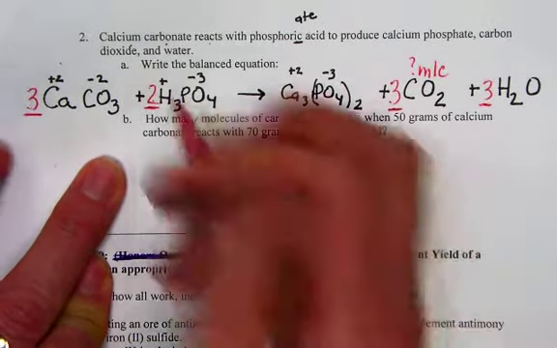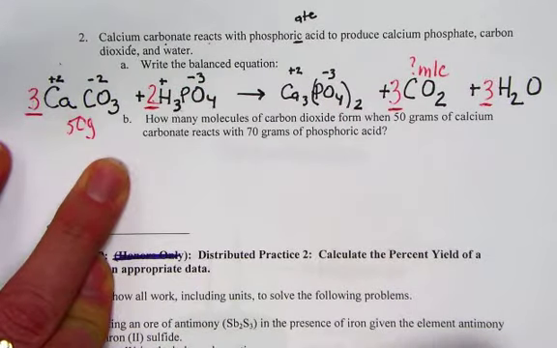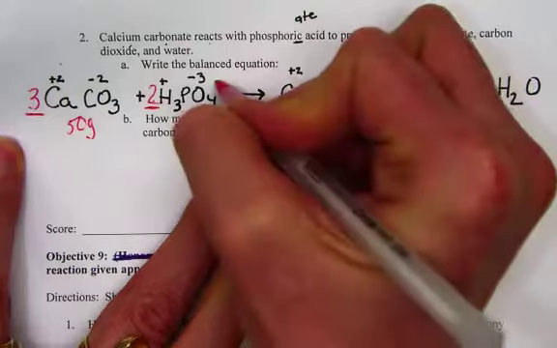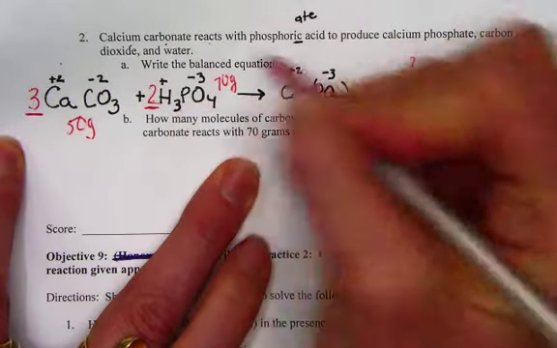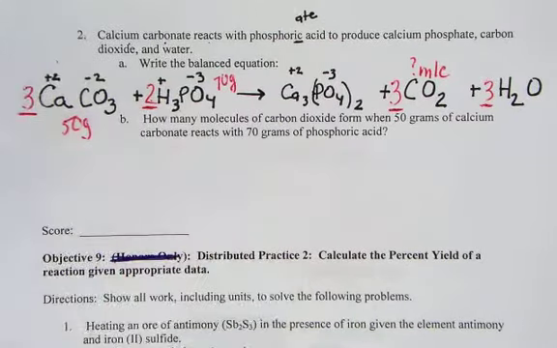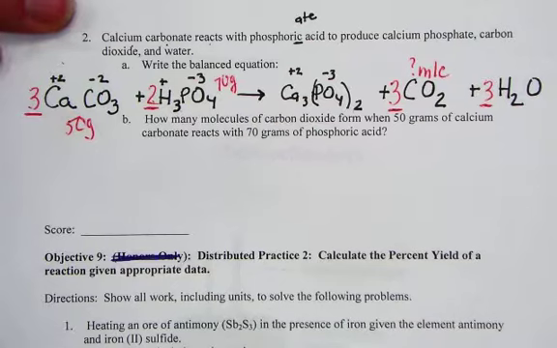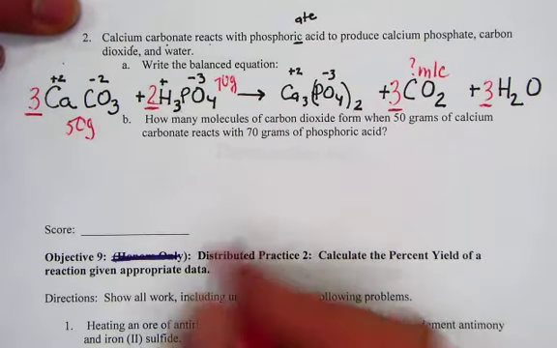I'm given 50 grams of the first reactant, CaCO3, and 70 grams of the second reactant, H3PO4. We will work 2 separate stoichiometry problems deciding the maximum yield.